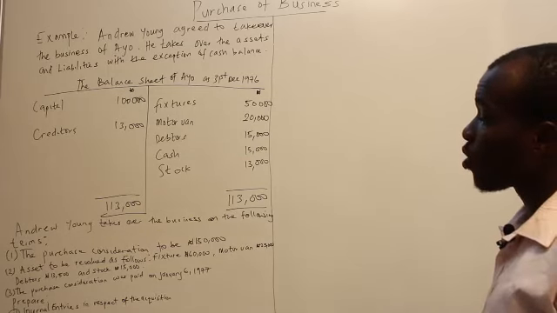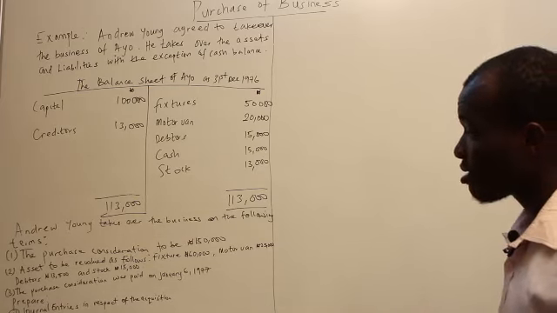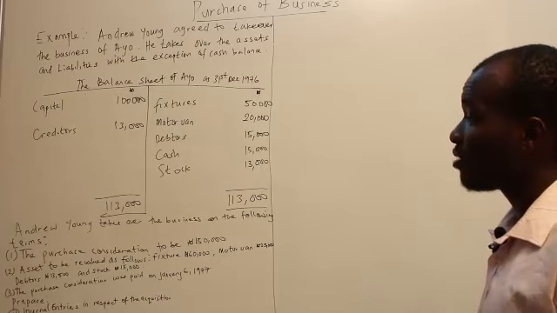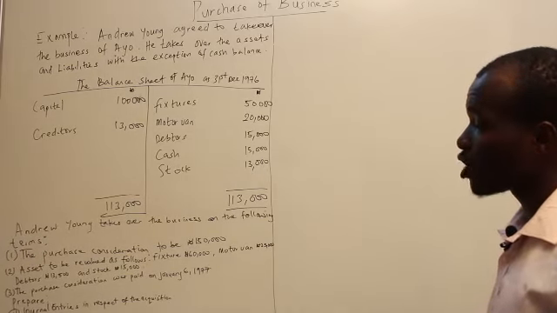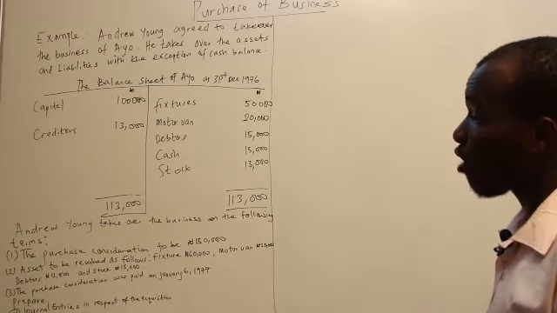The purchase consideration was paid on January 6, 1977. We have to prepare the journal entries in respect of the acquisition, and also the ledger entries, and also the balance sheet of Andrew Young.